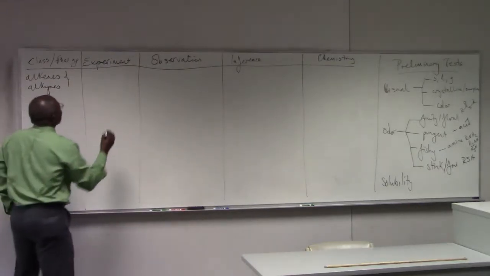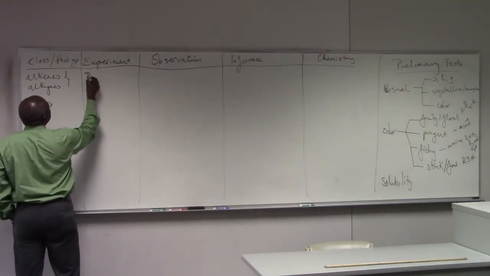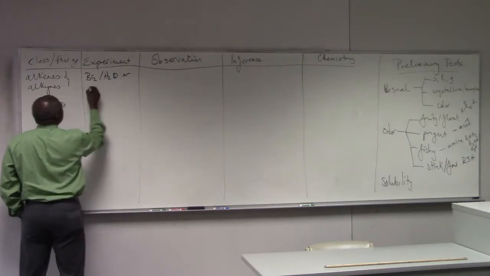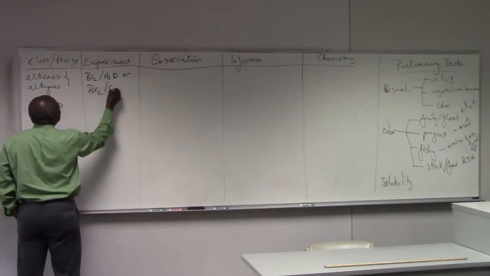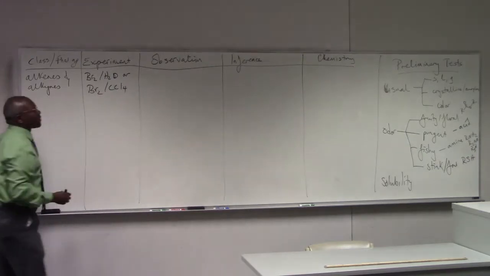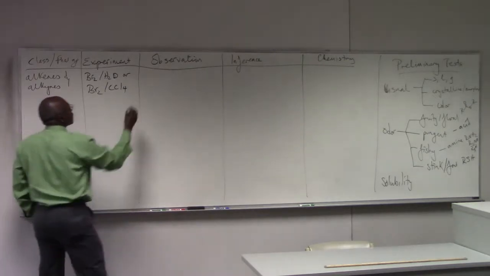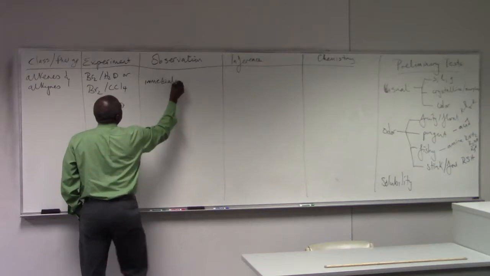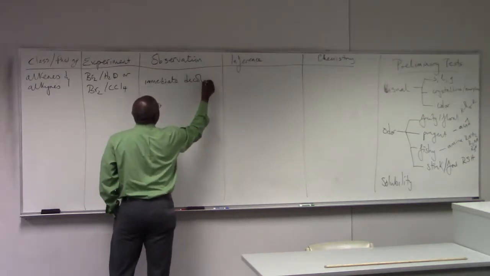With alkenes and alkynes, we could add bromine in water or bromine in carbon tetrachloride, and the observation would be immediate or rapid decolorization.